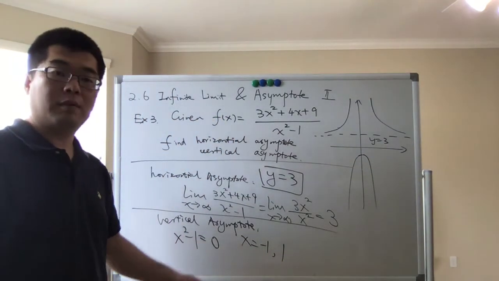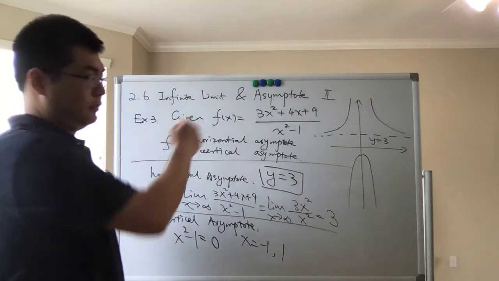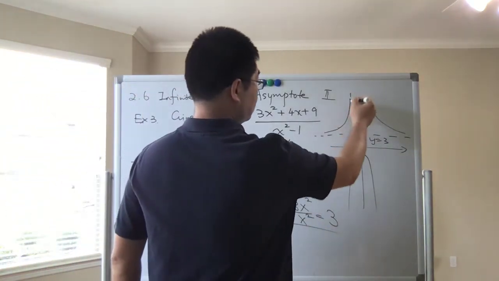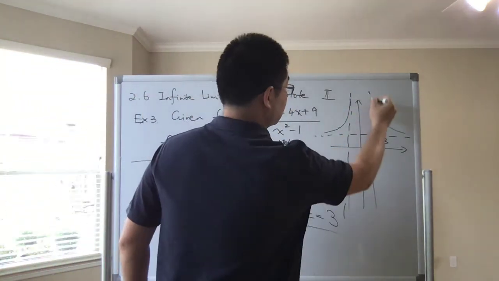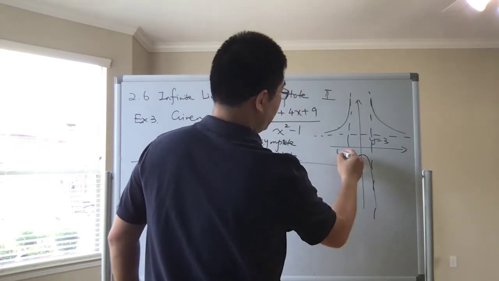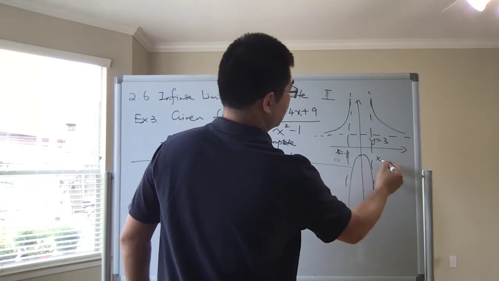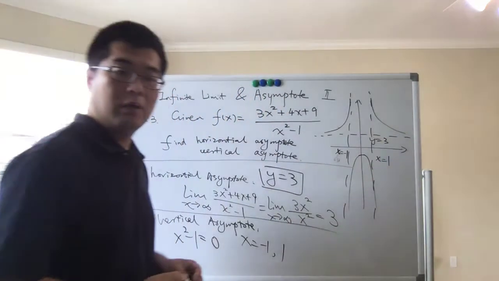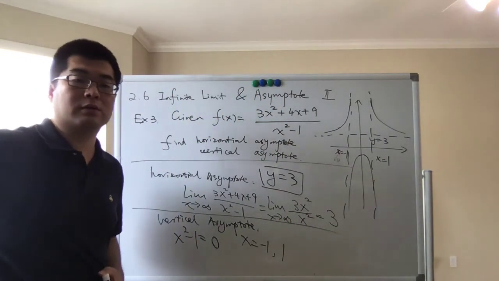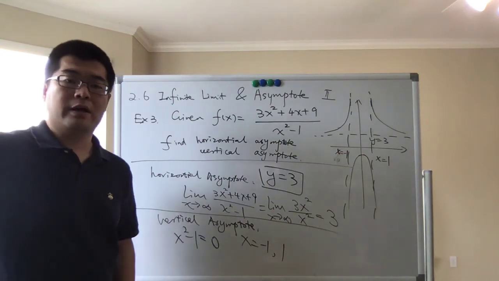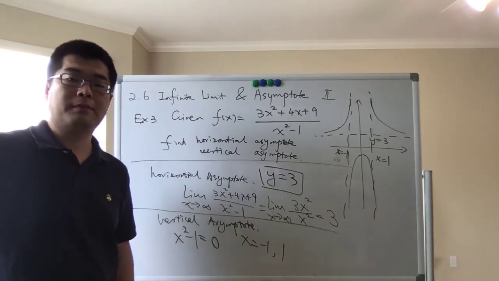These are going to be the vertical asymptotes for this given function. Okay. So this is x equals negative 1. This is x equals 1. Okay. So the process to find the horizontal and vertical asymptote is very straightforward.